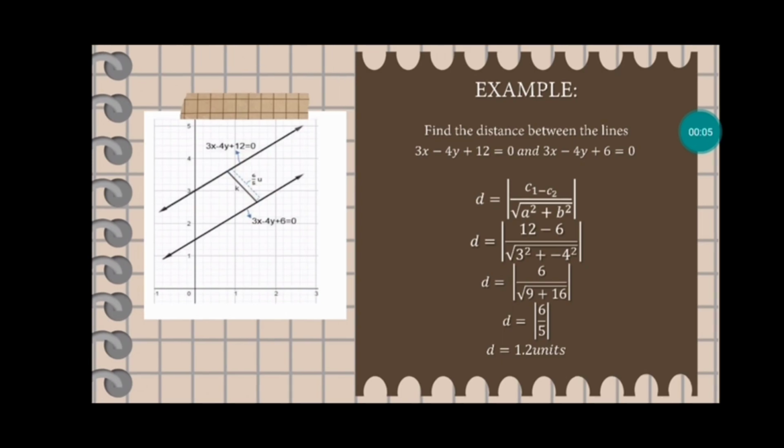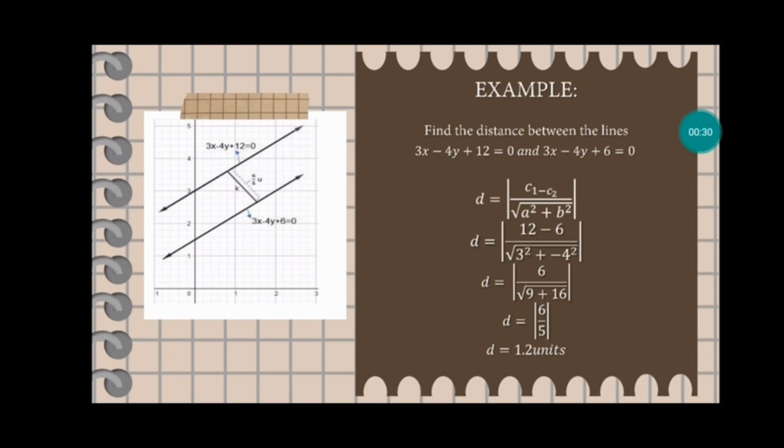First example, find the distance between the lines 3x minus 4y plus 12 is equal to 0 and 3x minus 4y plus 6 is equal to 0. The formula we're going to use is the distance is equal to the absolute value of c sub 1 minus c sub 2 over the square root of a squared plus b squared. We're going to substitute it.